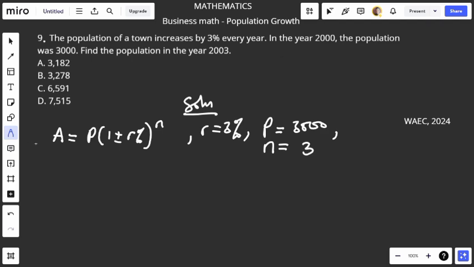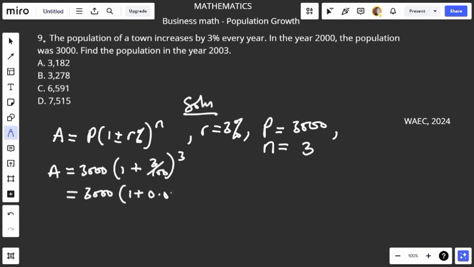So A, the compounded growth, would be A equals 3,000 into (1 plus 3%), because it is an increase. 3% means 3 over 100, which is 0.03, raised to the power of 3.